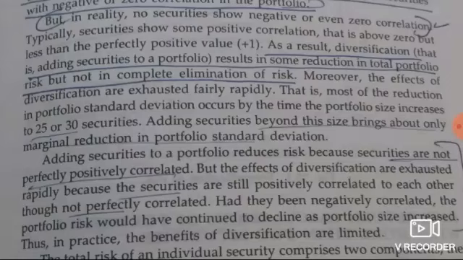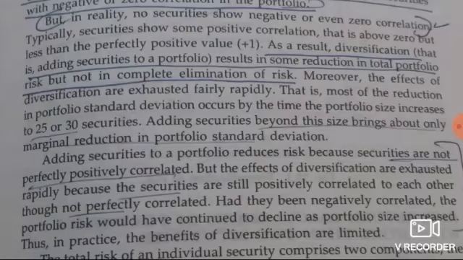As a result, diversification results in some reduction in the total portfolio risk but not in complete elimination of risk. We cannot eliminate the risk to 0. We said that the risk reduction will become 0 in the case of negatively correlated securities, but in reality, we cannot find negatively correlated securities. So our portfolio risk cannot be 0, but it will reduce.